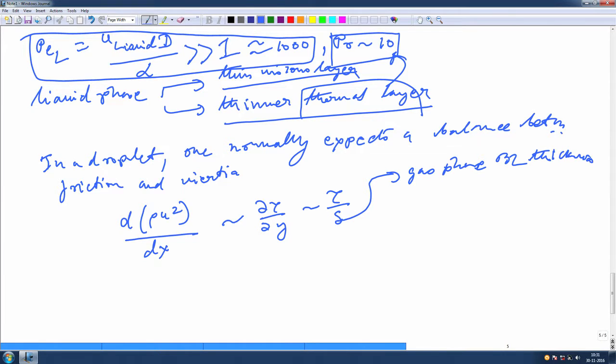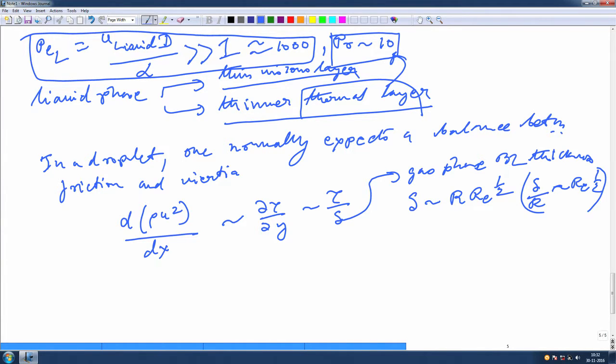And if you have done your fluid mechanics course, you will find that delta always scales as R and Reynolds number to the power of half, right. This is from the boundary layer scaling. If you recall, this comes from delta by R scales as Reynolds number to the power of half. If you have done your flat plate boundary layer, that is the expression that we normally use.